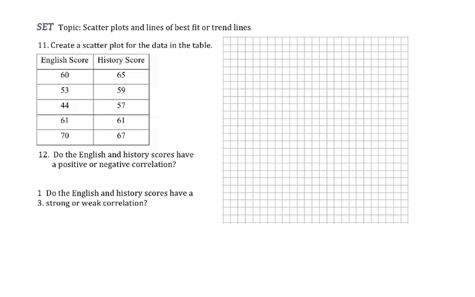Okay? All right, now, scatter plots. Create a scatter plot for the data in the table. So we've got some scores, right? English scores and history. So we've got English here, and we've got history. So they're pretty high, so maybe we should count by 5s: 5, 10, 15, 20, 25, 30, 35, 40, 50, 60, 70.